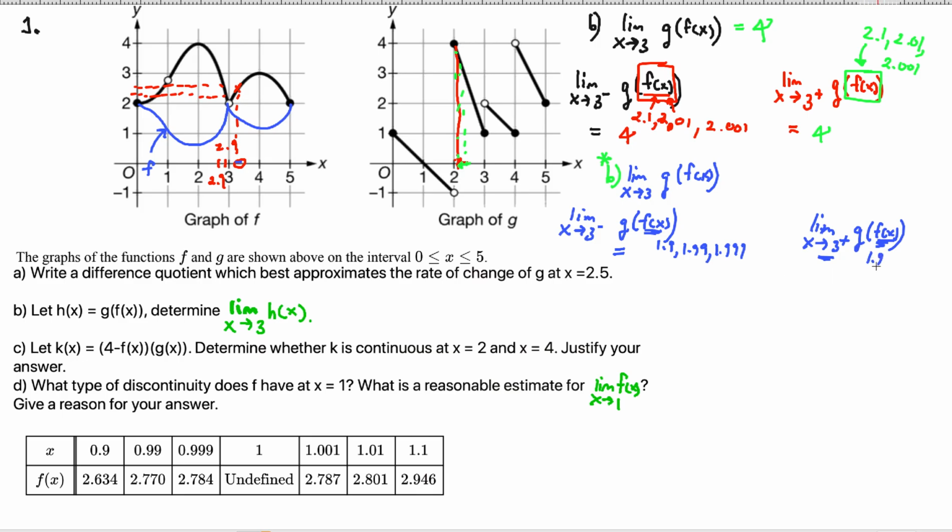So these inner values, these x values for g, are going 1.9, 1.99, 1.999, and so forth. And if you look, so these x values for g are coming closer and closer to 2, but from the left of 2, from below 2. So that means that I'm going to be over here.